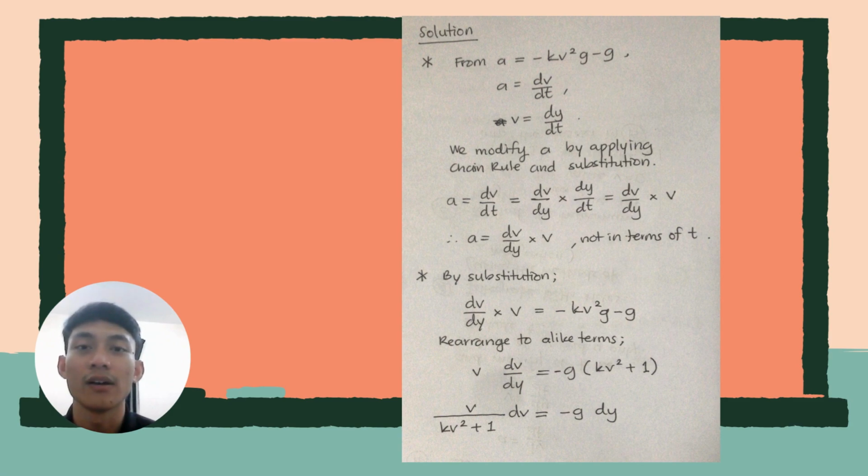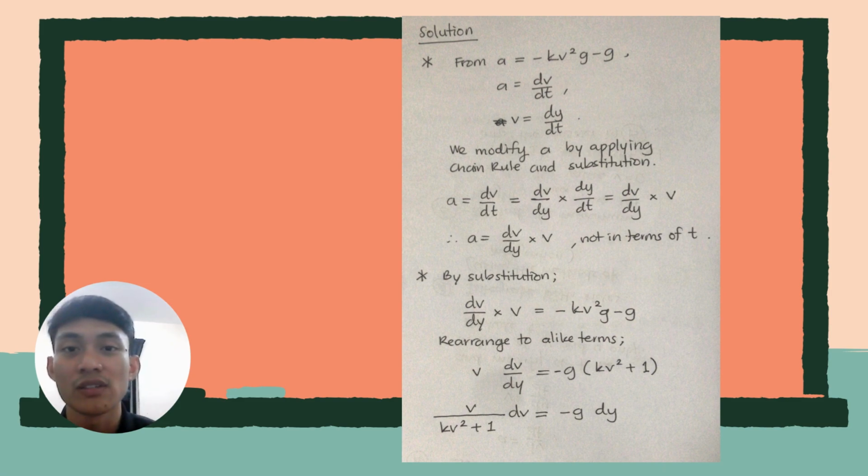So the solution here: a equals negative kv²g minus g, and also a equals dv/dt, and v equals dy/dt. Here we modify a by applying the chain rule and also the substitution method.